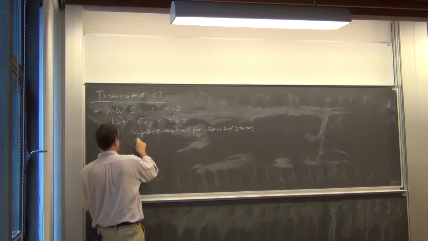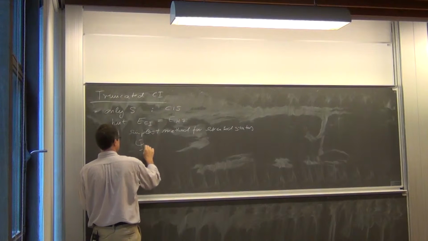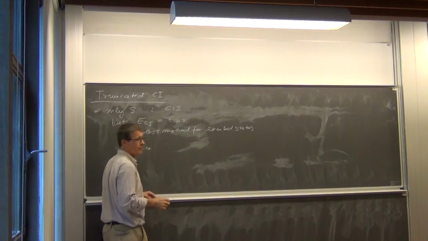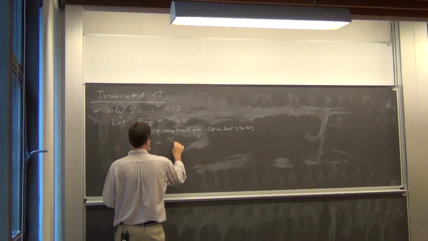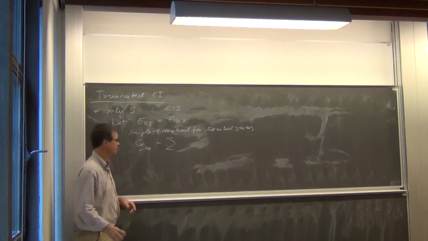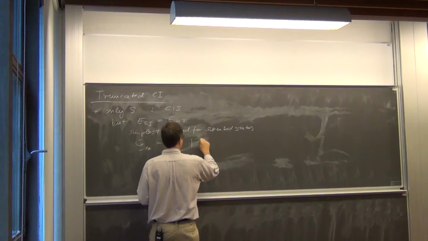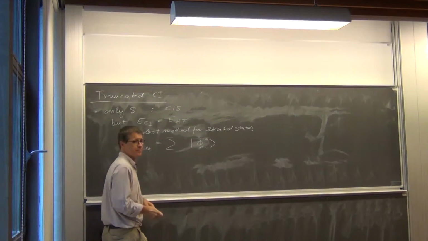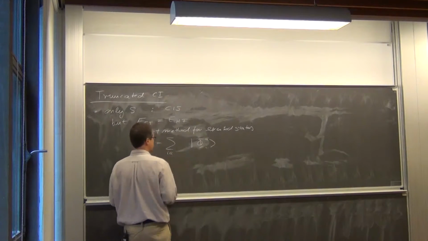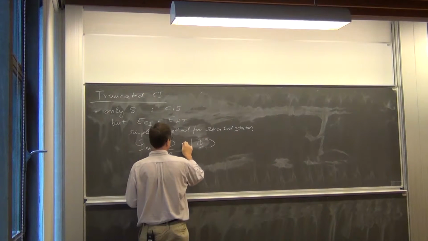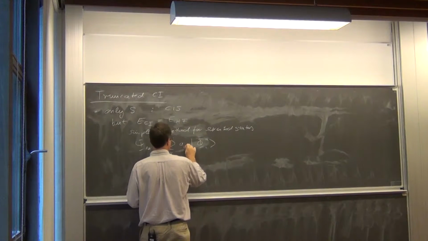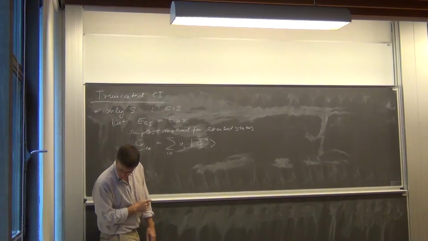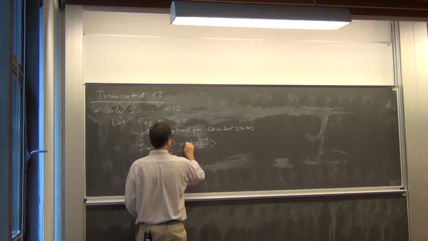Because what you do then is, your excited state wave function, you write it as a linear combination of all singly excited determinants. So you have a summation over here, and then you need some coefficients. Just there, like this.